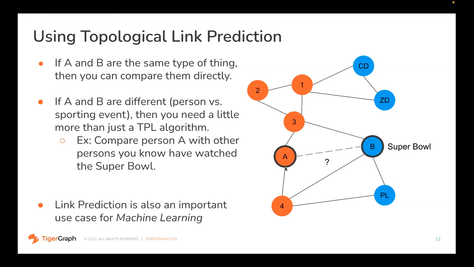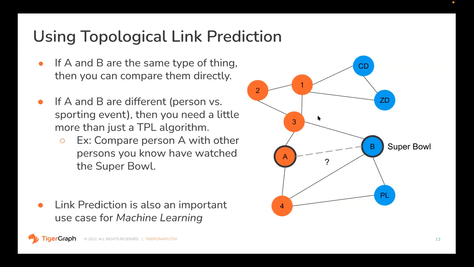So rather than comparing A directly with B, in this case, compare person A, not with the Super Bowl itself, but with other persons you know have watched the Super Bowl. So we know person 3 has watched the Super Bowl, person 4 has watched the Super Bowl. Oh, and they're friends of or associates of A. What does that mean?